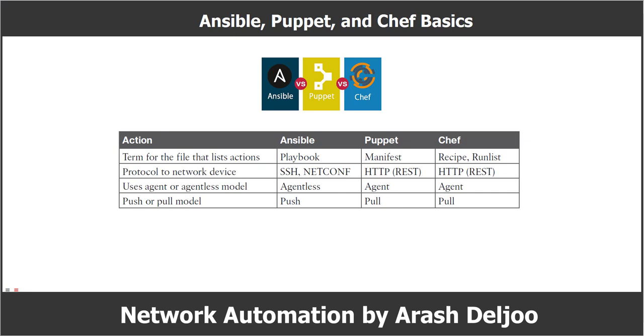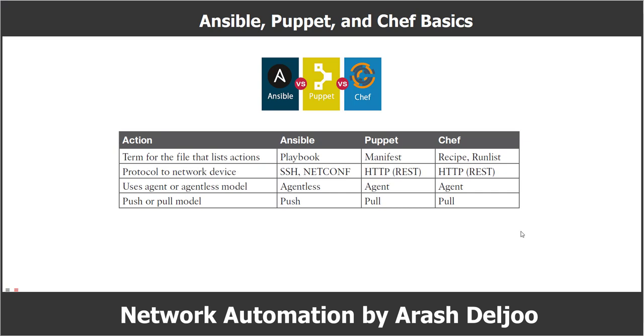Ansible's agentless architecture and the use of SSH provide support for a wide range of Cisco devices. Puppet's agentless model also creates wide support for Cisco devices. This table summarizes a few of the most common ideas about each of the three automated configuration management tools. Note that the column for Puppet assumes an on-device agent.